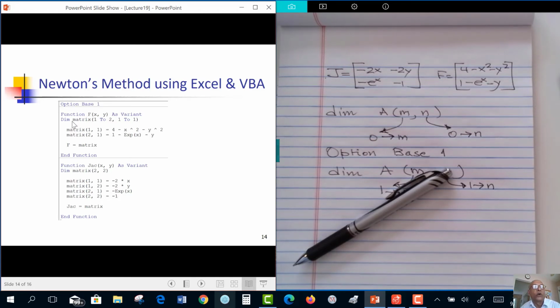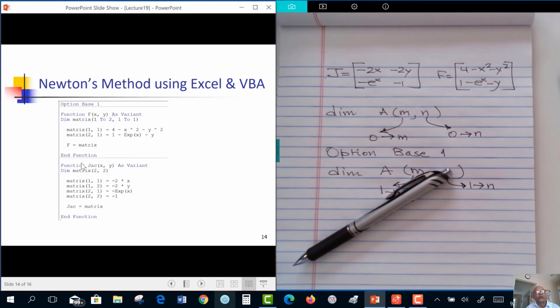Is it a vector or what? Now I know that I want this function to be a 2 by 1 vector. So I'm going to create a matrix. I'm going to say 2 by 1. Now, if I had not done option base 1, one way I could have forced it to start from 1 is to say start dimensioning matrix 1 to 2 and 1 to 1.